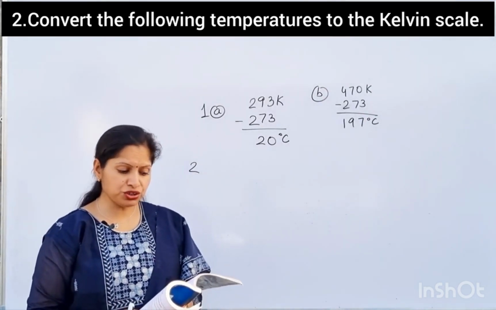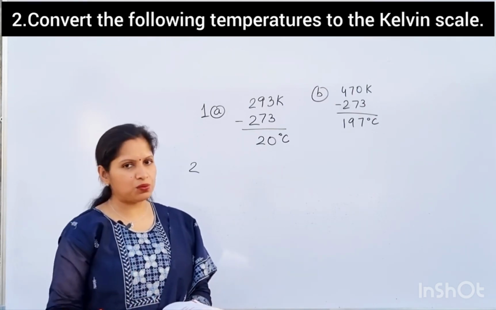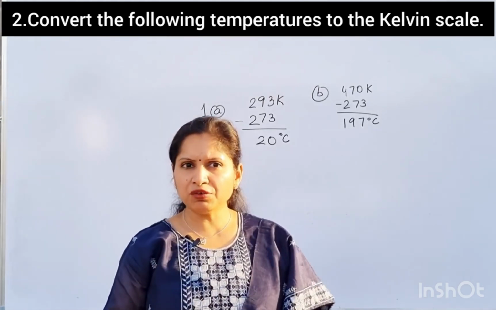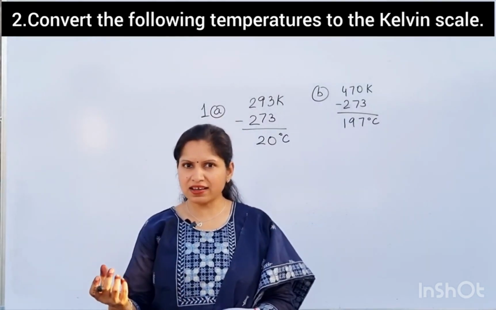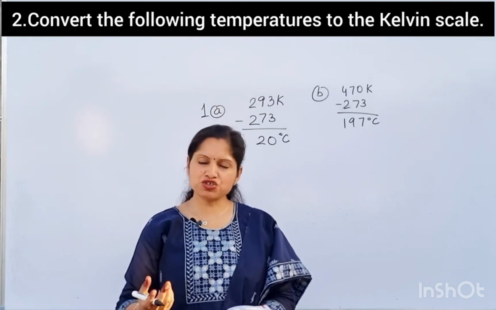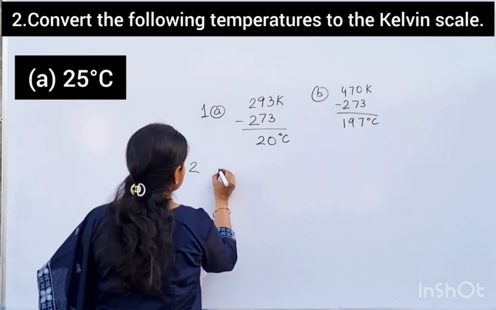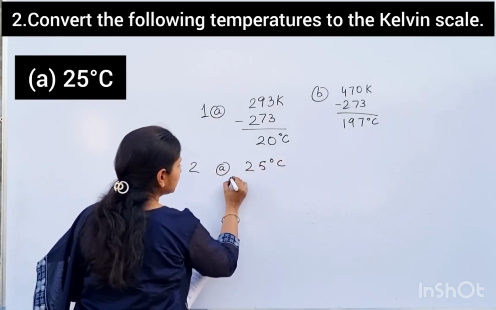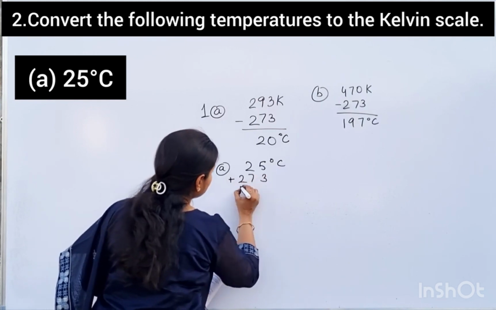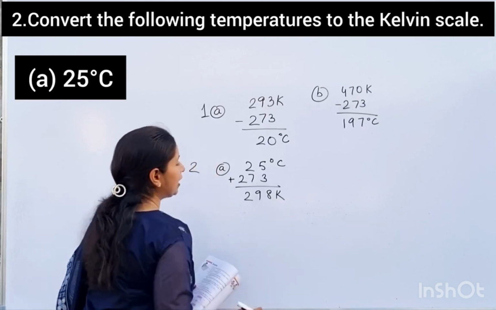In second question, you have to convert the temperature given in Celsius scale to Kelvin scale. Celsius को Kelvin में convert करना है, Kelvin बड़ी unit है, इसलिए बड़ा आंसर आएगा. बड़ा आंसर के लिए plus 273 करेंगे. So, option A is 25 degree Celsius. 25 डिग्री सेल्सियस को कैल्विन में कन्वर्ट करने के लिए ऐड करेंगे 273 and that will make our answer 298 Kelvin.